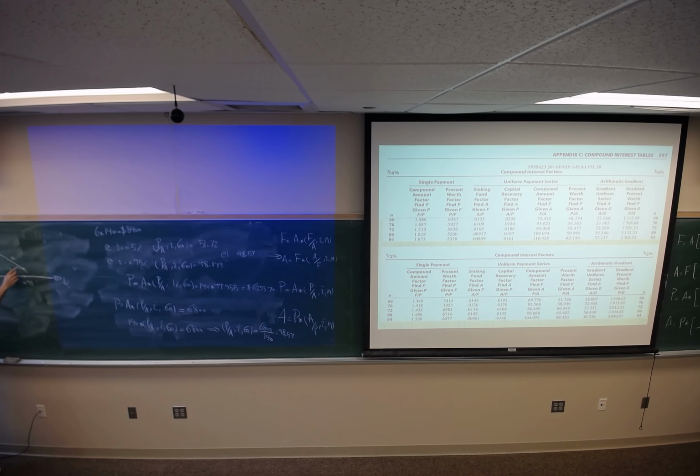So if you look at this triangle ABC, the tangent of this angle alpha is AB divided by AC. What is AB? AB is 51.72 minus 48.174.